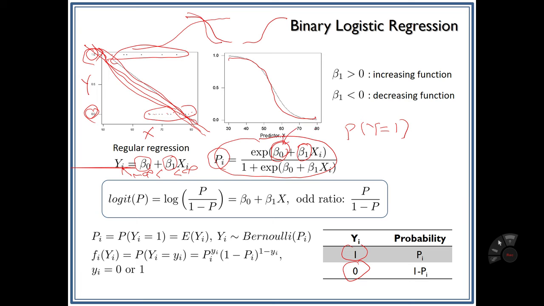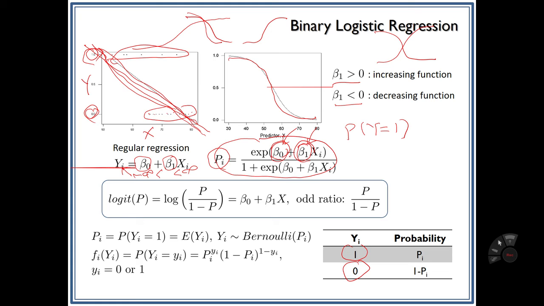If beta 1 is positive, then we draw this increasing function. If beta 1 is negative, then we can make a decreasing function. Anyway, all of those are S-shaped curves.